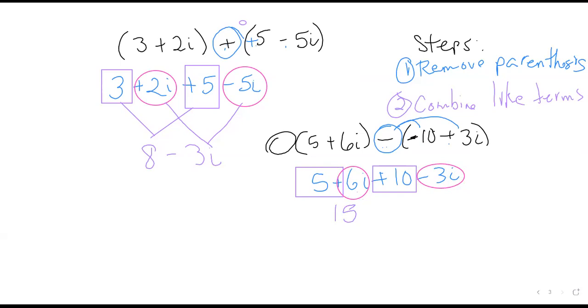And now I have plus 6 minus 3. That one's easy. 6 minus 3 is 3, and it stays positive. So plus 3i. That's it. Easy enough, right? We remember doing this. This is when we did bingo.